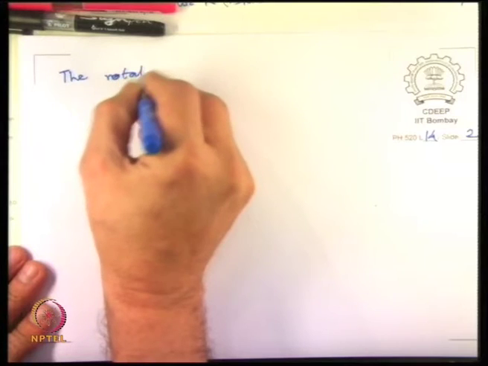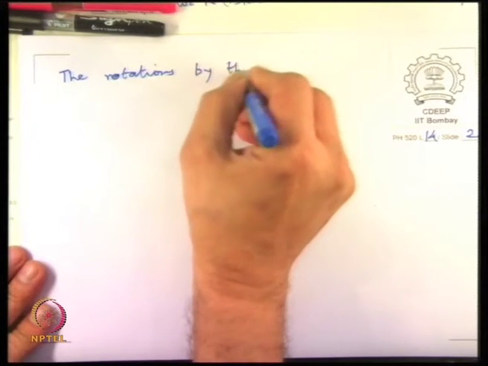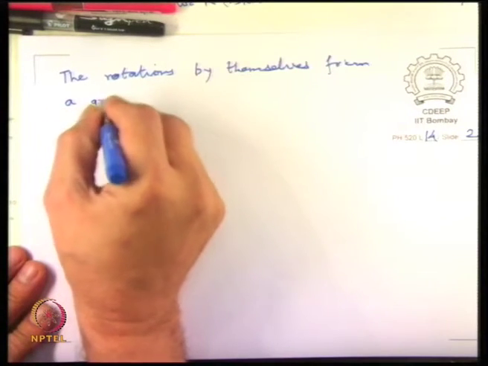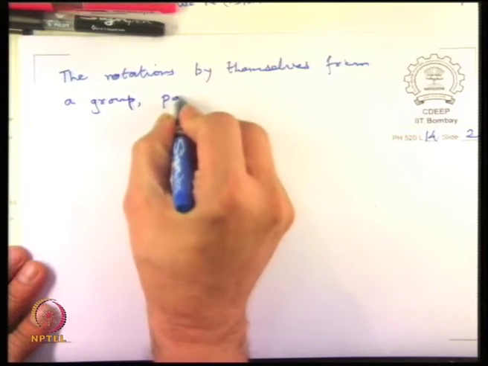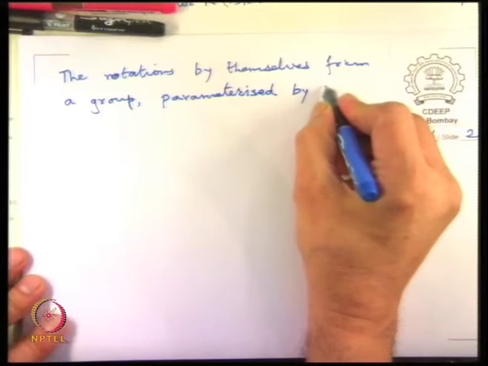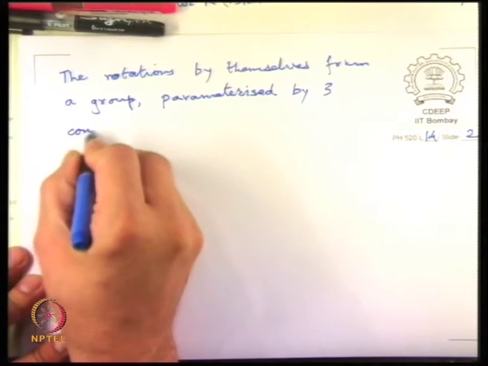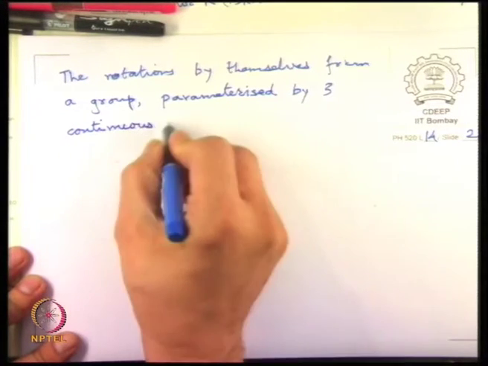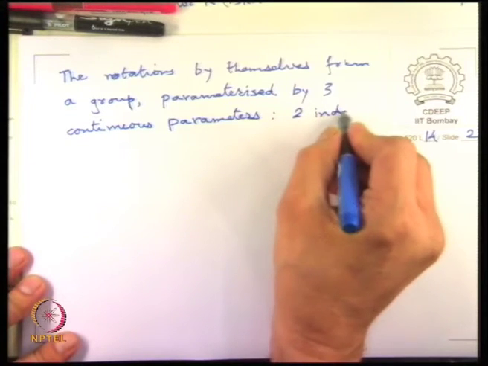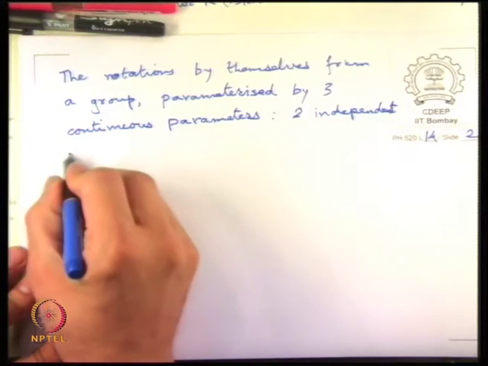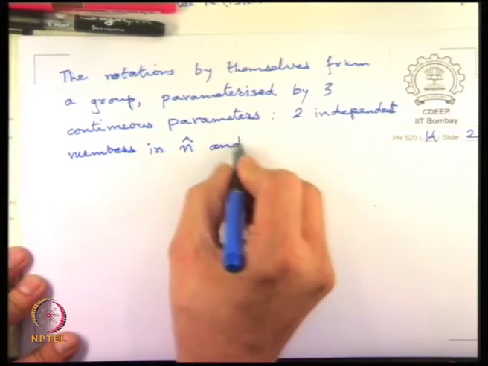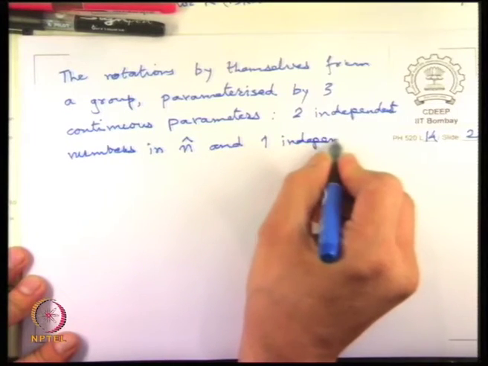For the time being we just note that the rotations by themselves form a group parameterized by three continuous parameters: two independent numbers in n cap and one independent theta.